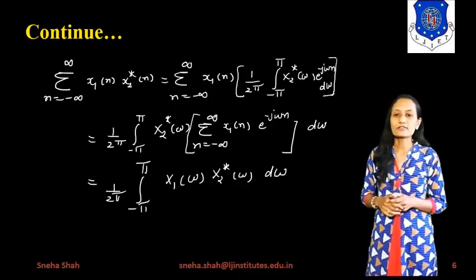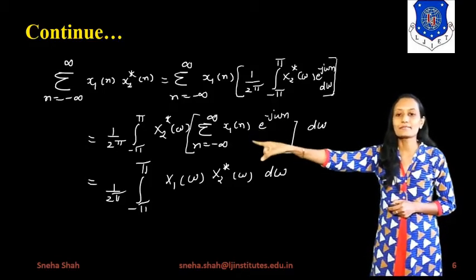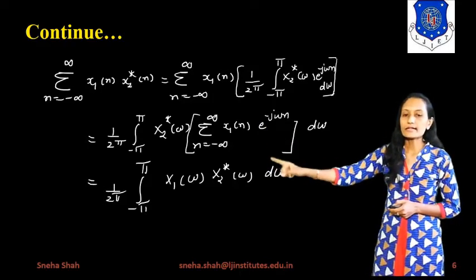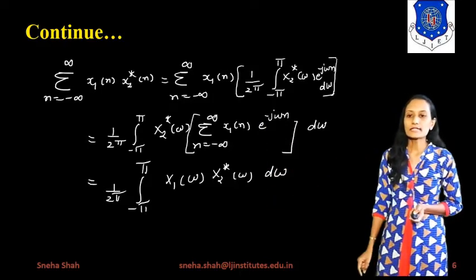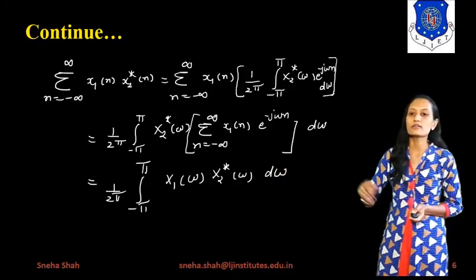Here, instead of x of n, we have taken x1 of n. So this particular square bracket represents the term x1 of omega. Instead of this, if we write x1 of omega, the term will be like this: 1 upon 2 pi integration minus pi to pi x1 of omega x2 star of omega d omega.